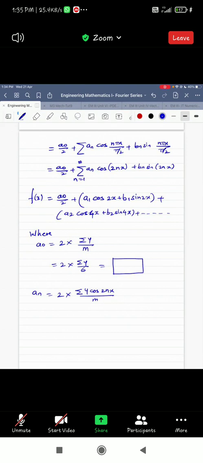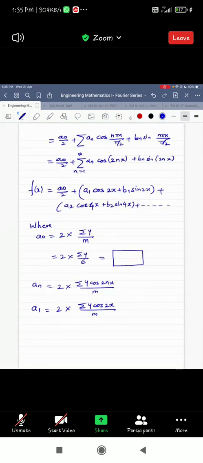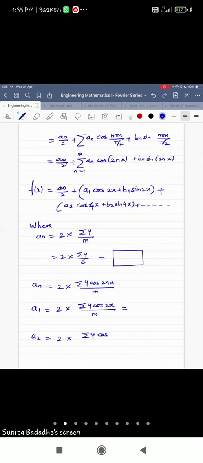So here we have a2 into summation y cos 2x upon m, right? Then a2 will be, so this value we will have to calculate later on. A2 is summation y cos, can anybody tell me what it will be? Yeah, correct, 4x upon m, and m is also available with us.